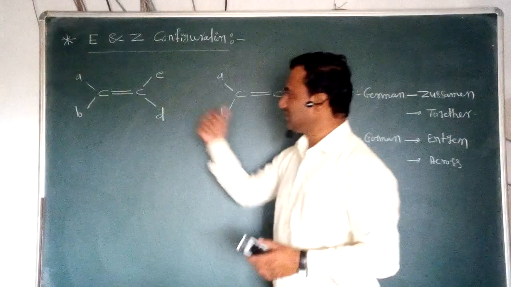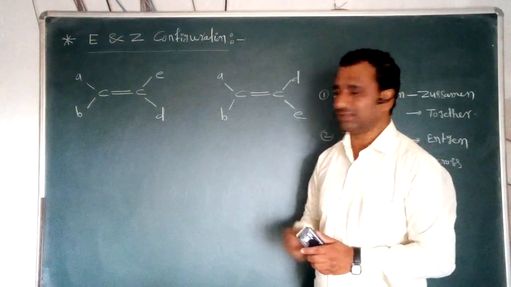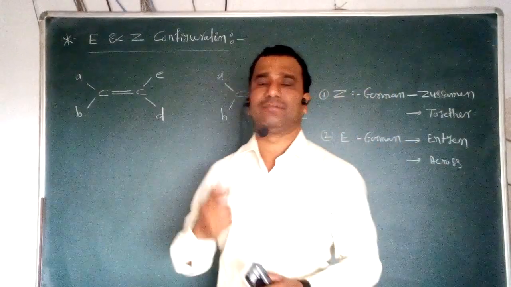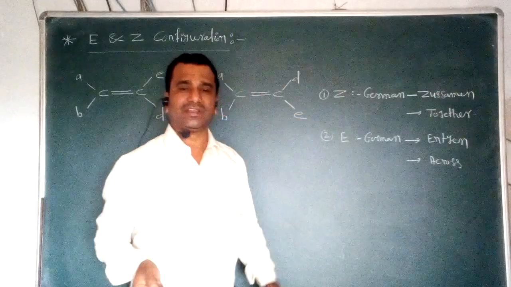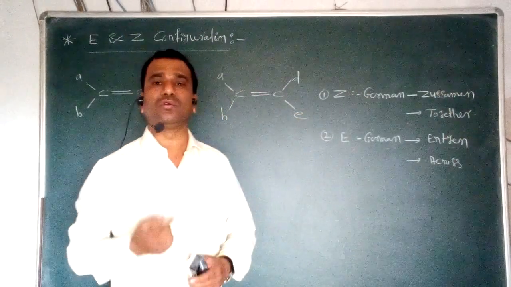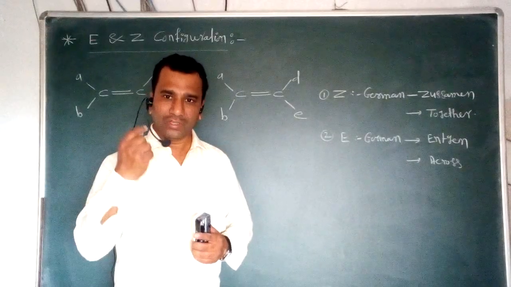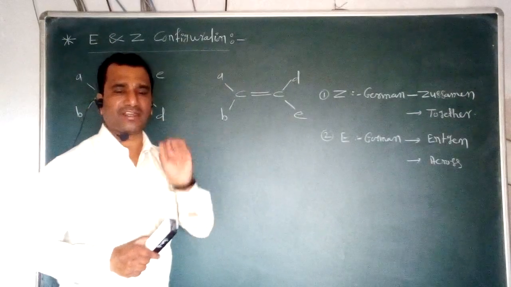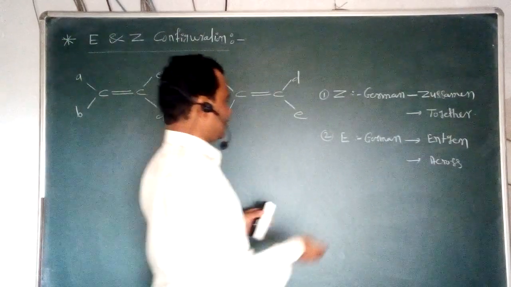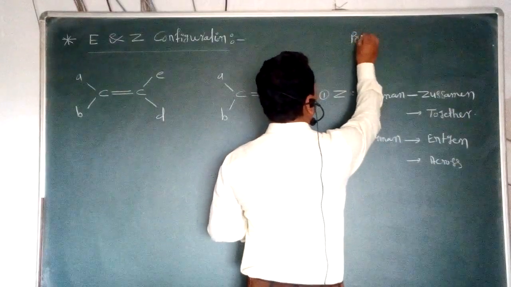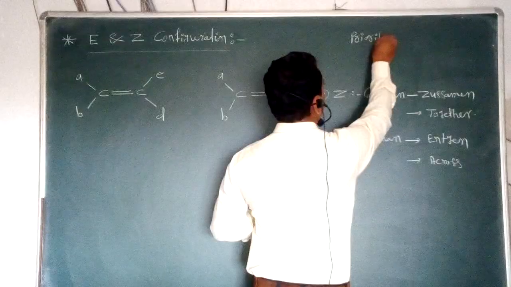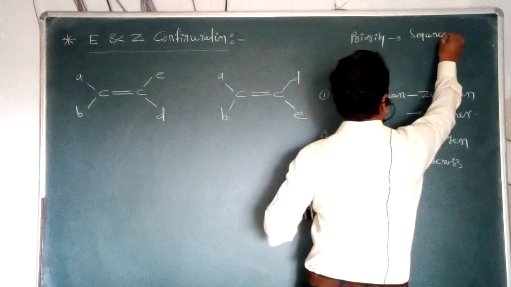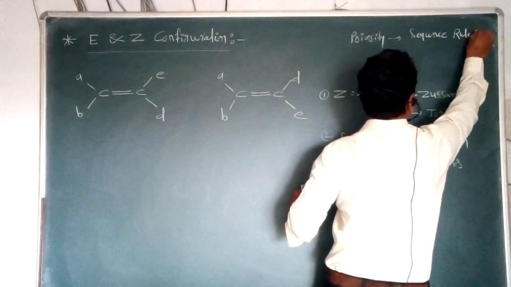Now suppose these are the two general skeletons of the olefinic system. Whenever we want to assign the E and Z configuration, before assigning it, we have to give priority to the atoms or groups attached to this olefinic system, and this priority depends upon sequence rules.